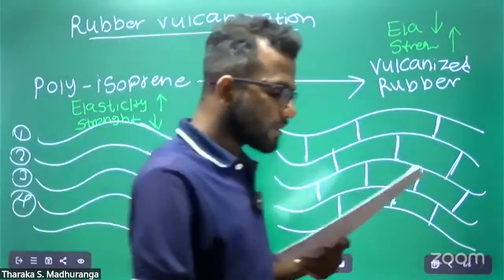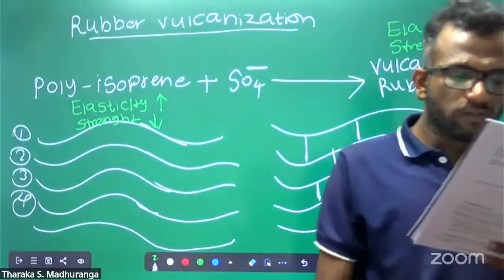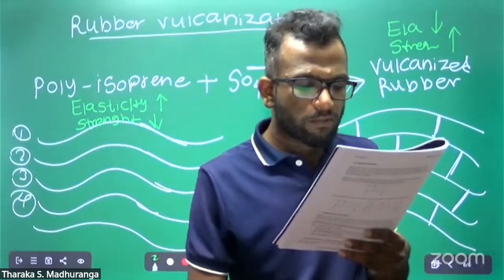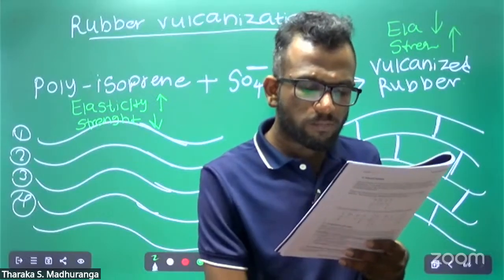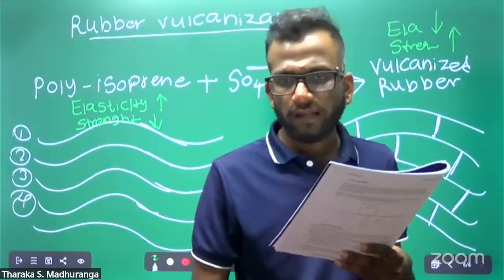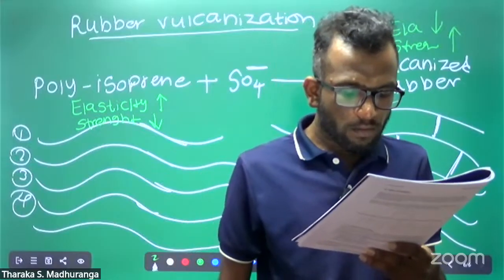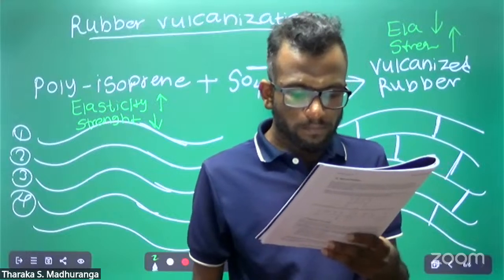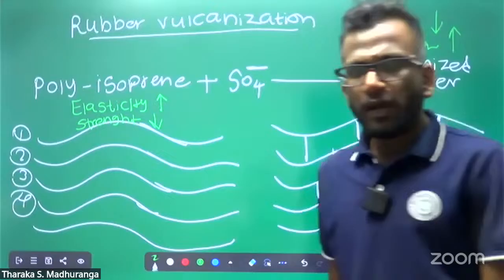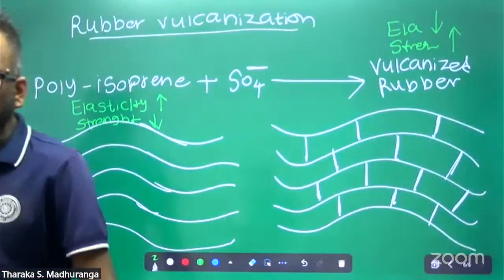During vulcanization, the long chain molecules of natural rubber undergo chemical modification, leading to the formation of crosslinks between the polymer chains. Their key structural changes include... Okay, up to now it is very simple.